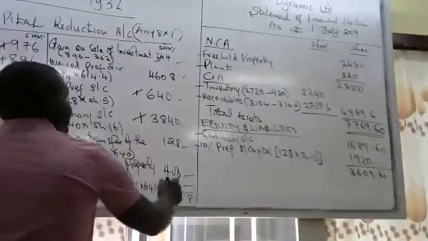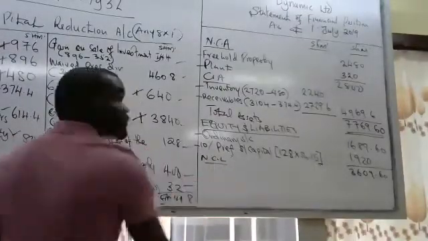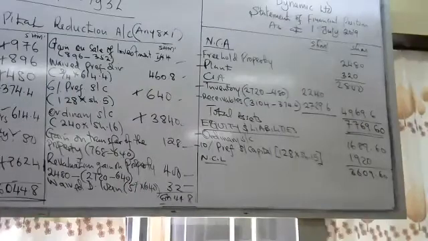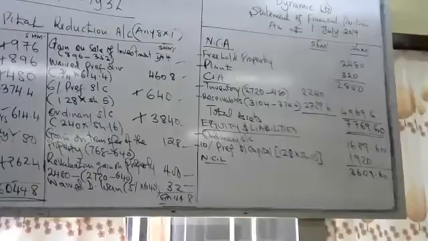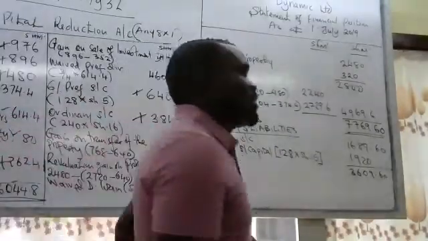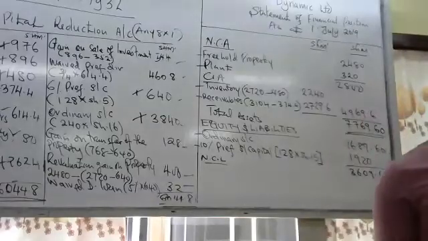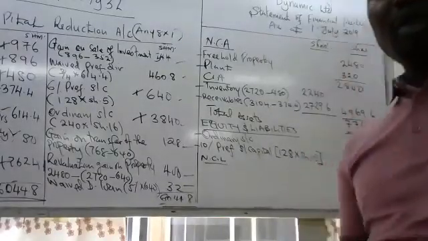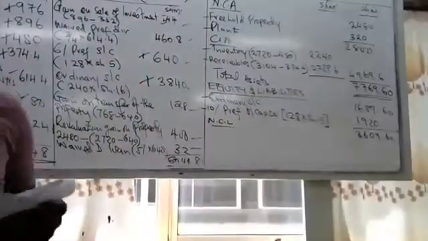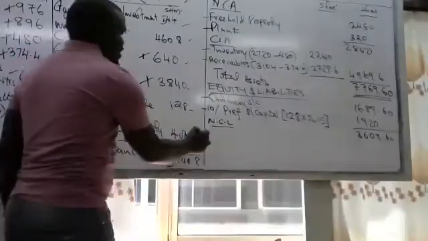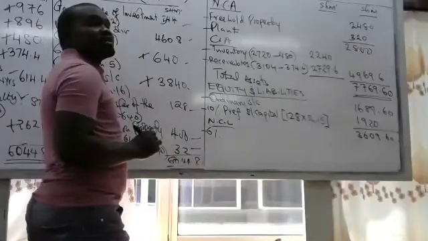Non-current liabilities. There was the 6% something. 6% debentures.